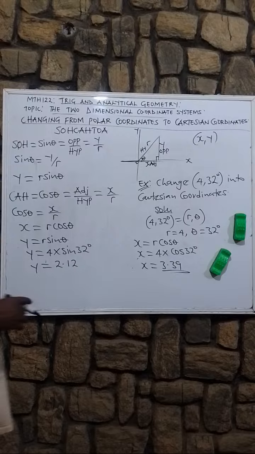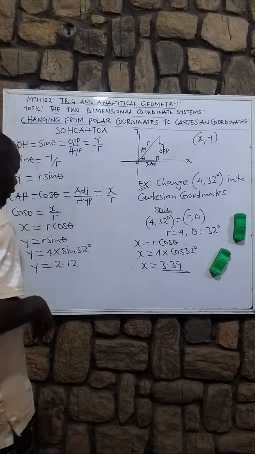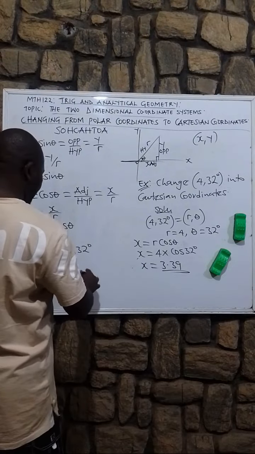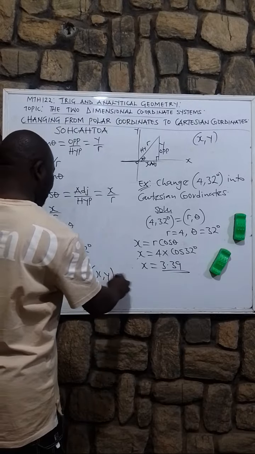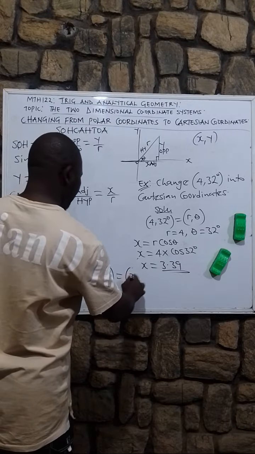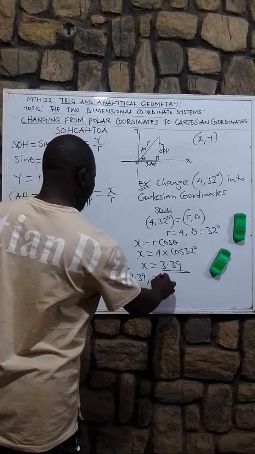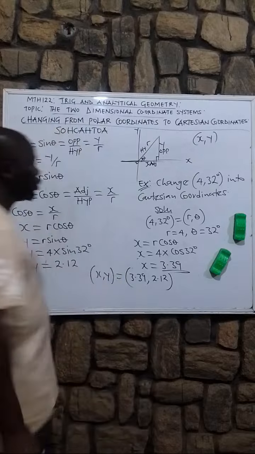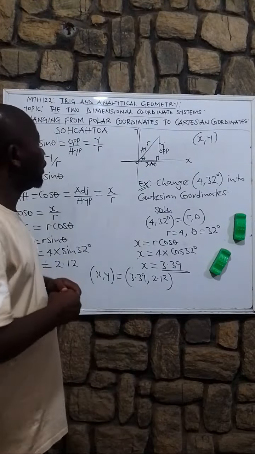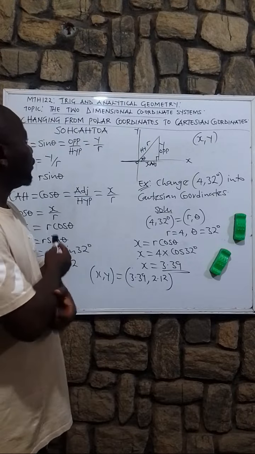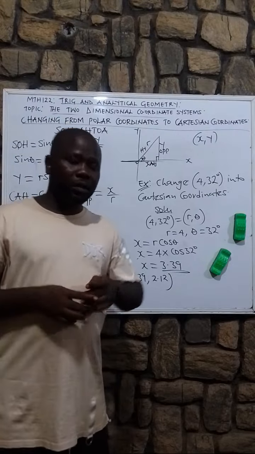So in the Cartesian coordinate system, x comma y is equal to 3.39 comma 2.12. So this is how to convert from polar coordinates to Cartesian coordinates.